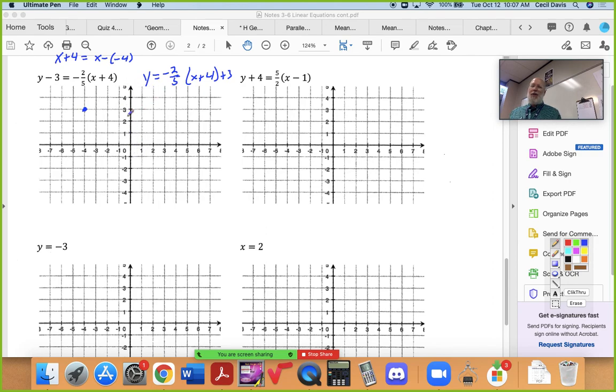And then it'll have a slope of -2/5, so we'll go down 2 and to the right 5. And I'll do that until I get near the edge of my graph. It looks about like this.